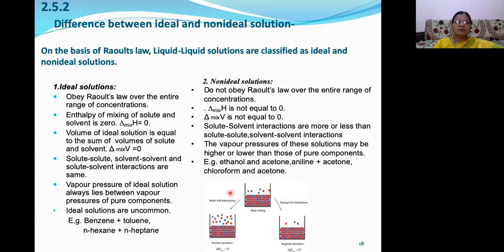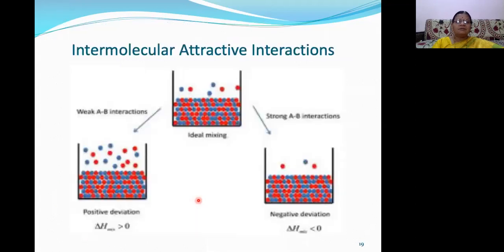Now the important interactions at the molecular level, that is intermolecular interactions, you can understand with the help of this diagram. Now see here on your screen, you can observe this clearly. Now ideal solution, when solute is mixed with the solvent to form the ideal solution, three interactions are nearly the same.